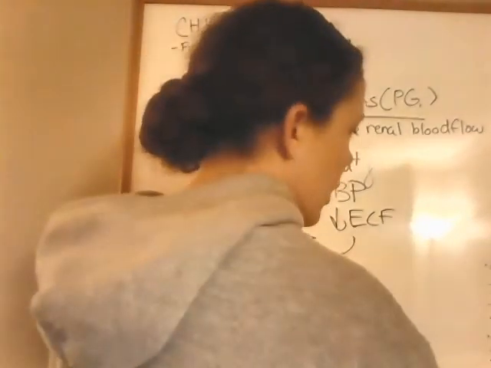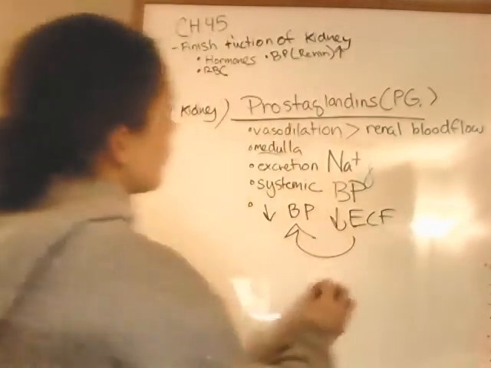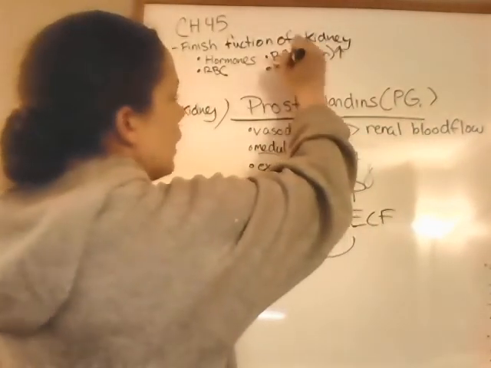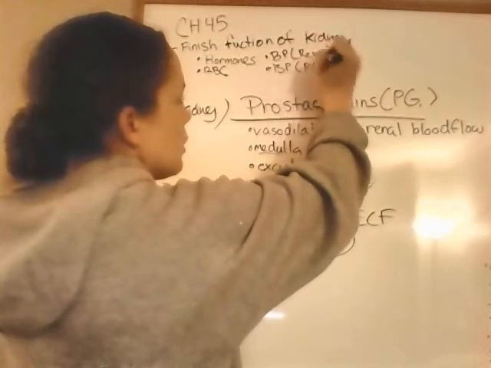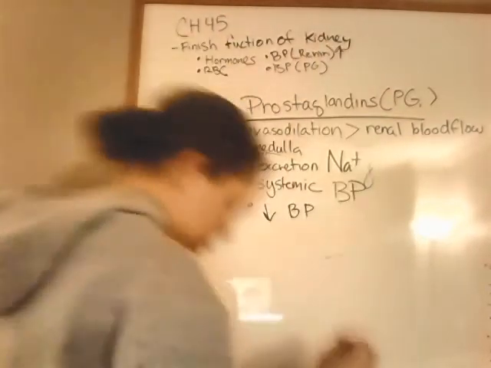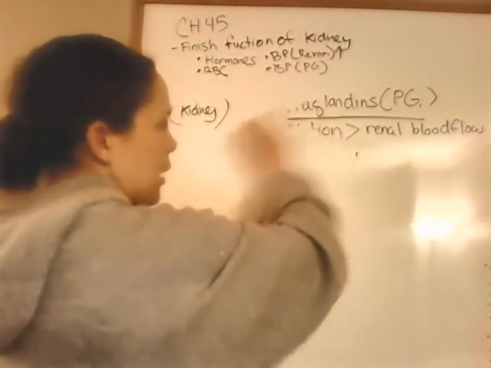All right, I want to also hit on two other things here. So we have blood pressure, and then we have blood pressure again as it relates to PGs or prostaglandins. All right, do not forget we have our antidiuretic hormone working too, antidiuresis.